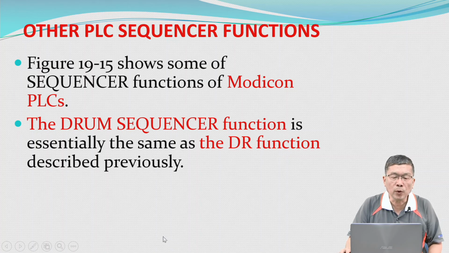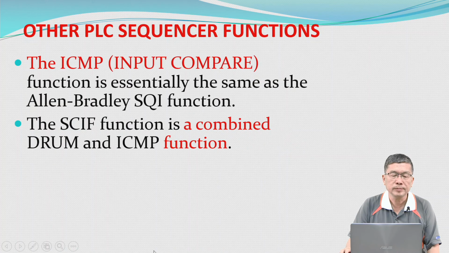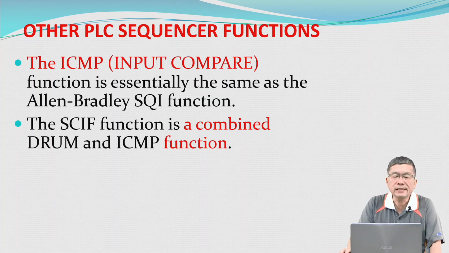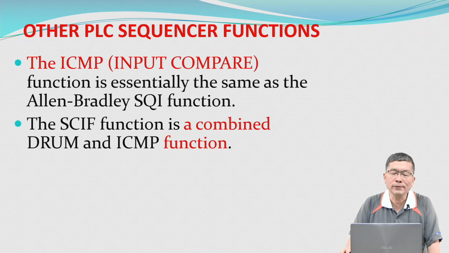Figure 19.15 shows some of the sequencer functions of the Multicom PLC. The drum sequencer function is essentially the same as the DR function described previously. The ICMP input compare function is essentially the same as the Allen-Bradley SQI function.